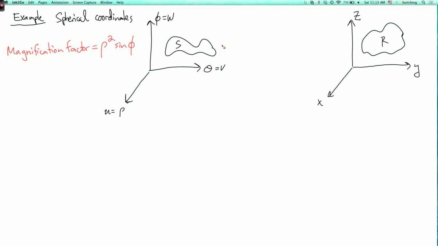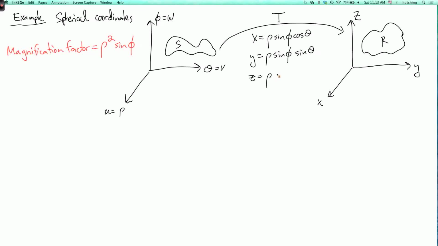So the transformation, T here, is given by x equals rho sine phi cosine theta, y equals rho sine phi sine theta, and z equals rho cosine phi. Right, so now we have to calculate this Jacobian. So Jacobian of x, y, z over rho, theta, phi.